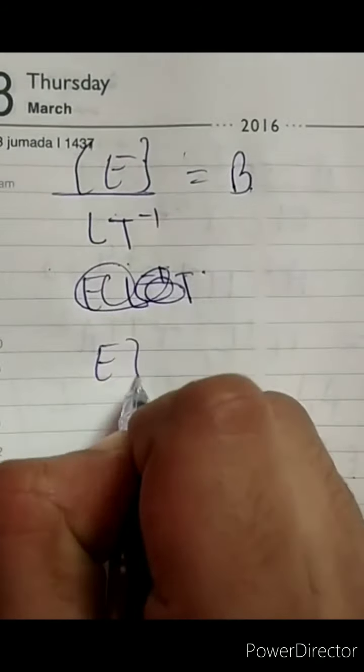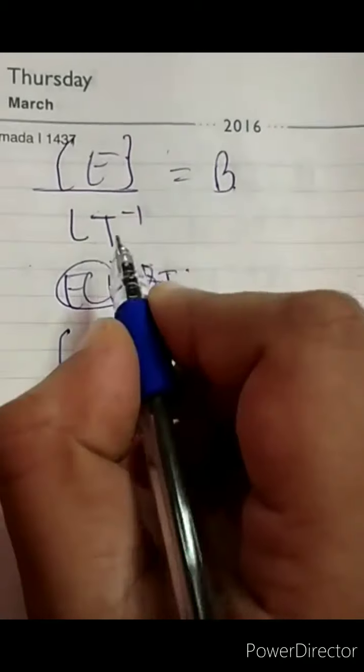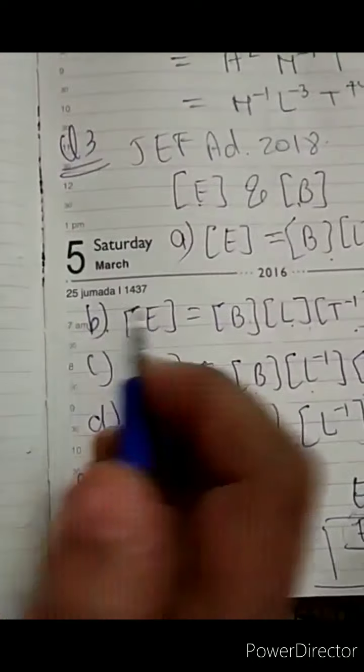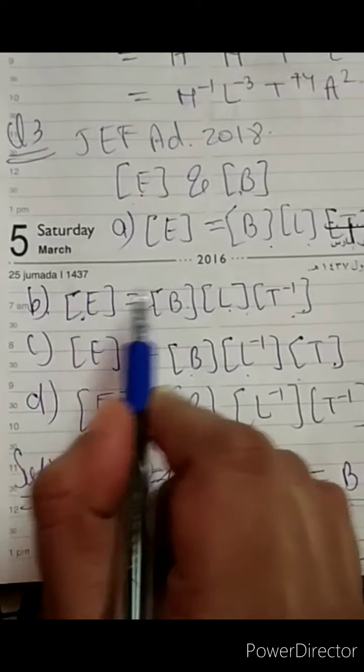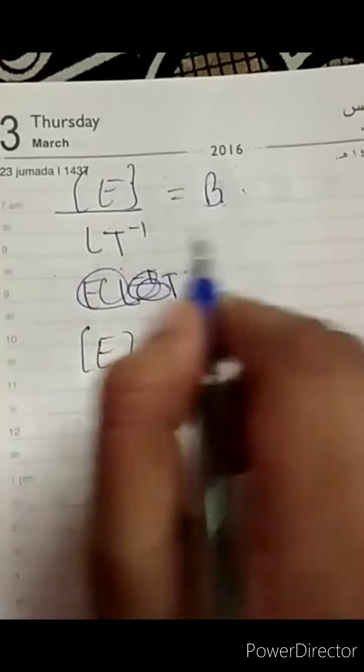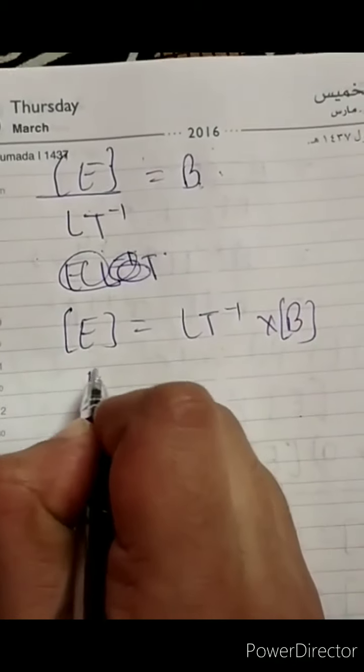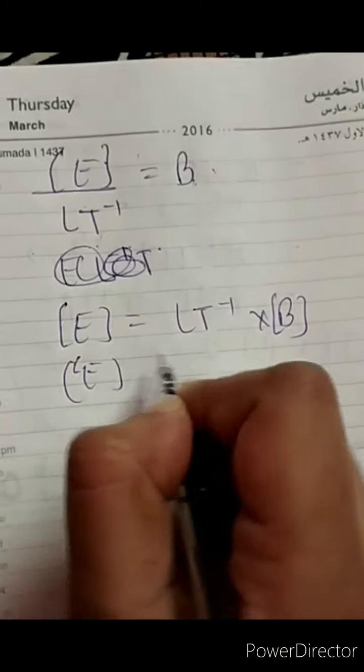One minute. E is equal to, if you multiply over here, because in all options they have given E over B here and B into C here. So I'm just writing B into LT minus 1. So of course we get it.